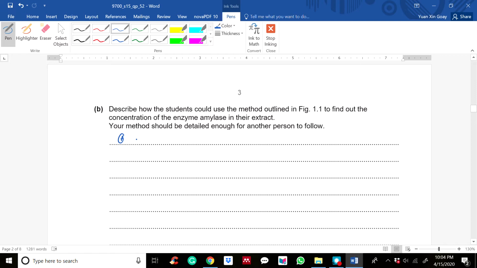First step of the experiment, prepare the dilutions. The stock solution provided to you is 0.5.